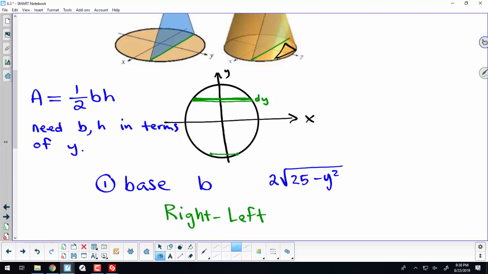So what we're dealing with is the circle of radius 5. So we can write the equation out for the circle of radius 5. But since I'm integrating with respect to y, I need to solve that for x.